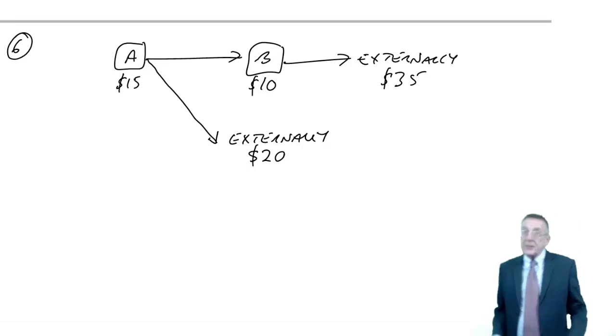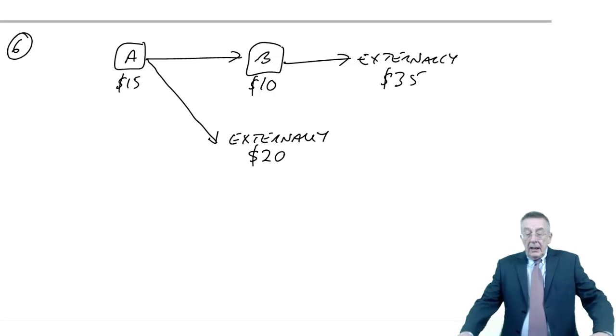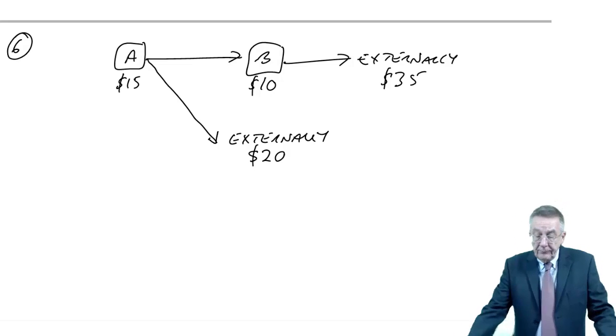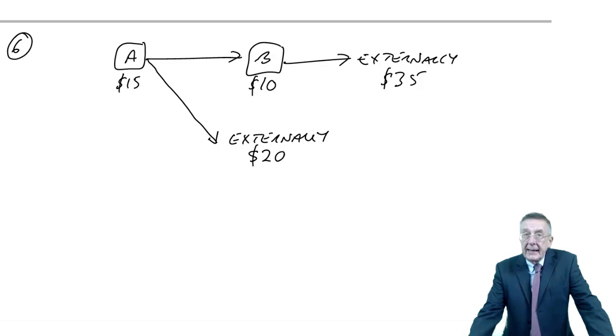Now again, you may have already spotted the answer, but think it through and make sure. If it wasn't for B wanting some, then of course we would sell externally everything we produced, and we'd be making $5 a unit profit.